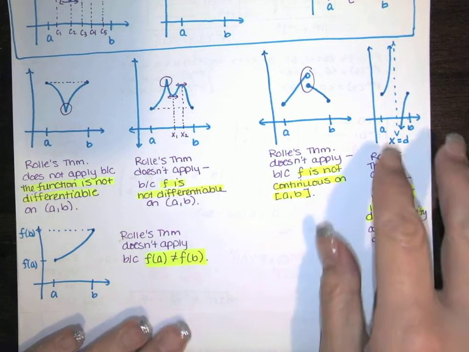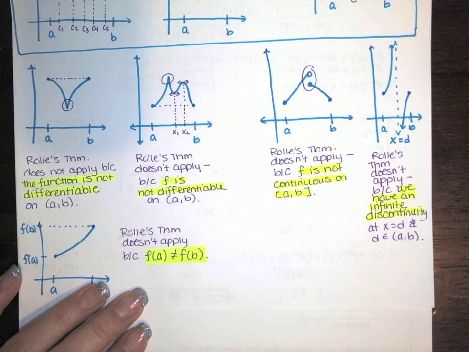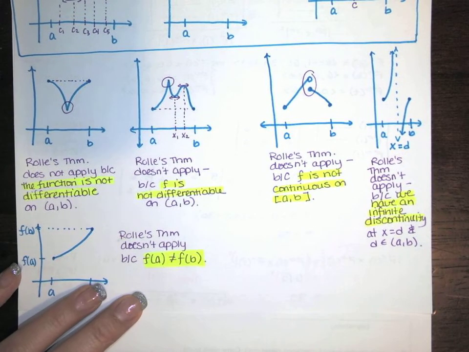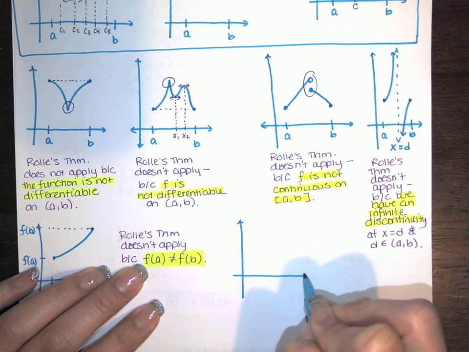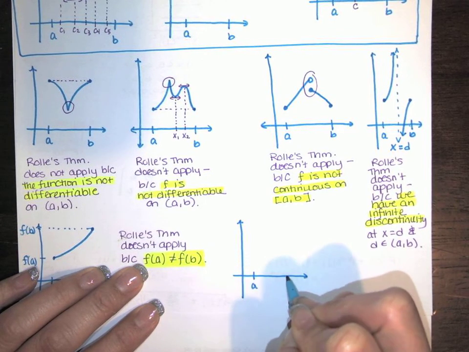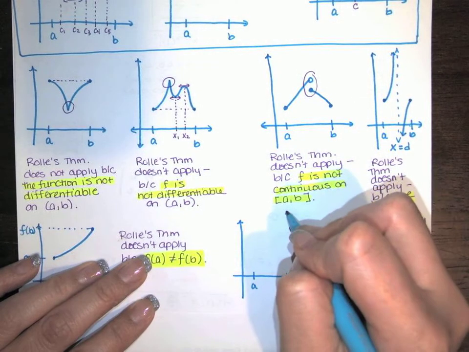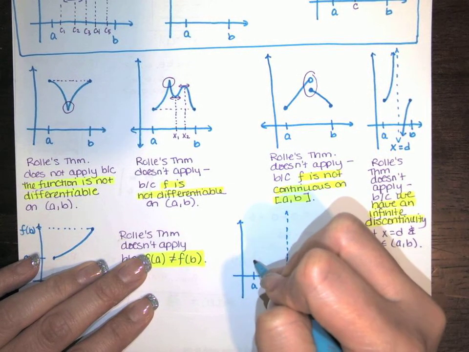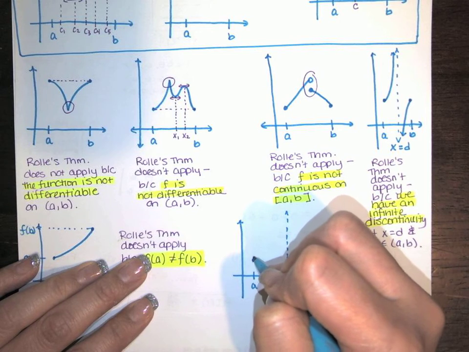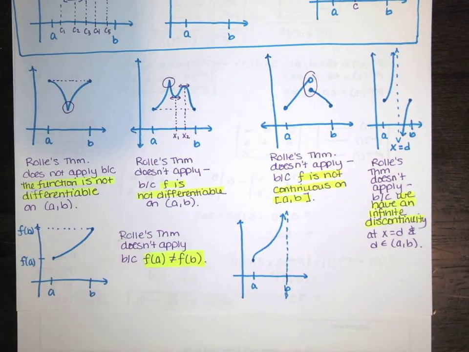And there's sort of a combination of this one, and also the closed interval thing. Maybe this is x equals a, and this is x equals b. If the graph looks like that, well, that function is not defined on the closed interval from a to b.